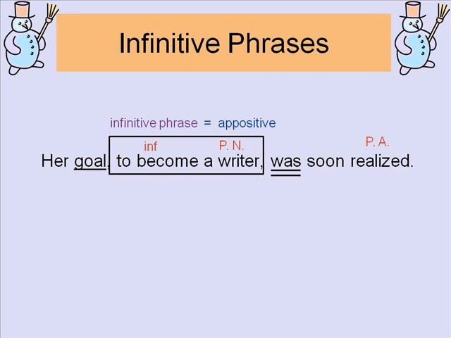The infinitive is to become, and since the word become is sometimes a linking verb, writer is a predicate nominative rather than a direct object. I know this is getting confusing, but you need to follow along with that. Since become is sometimes a linking verb, then our verbal to become gets a predicate nominative rather than a direct object.